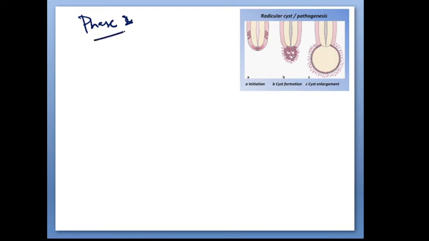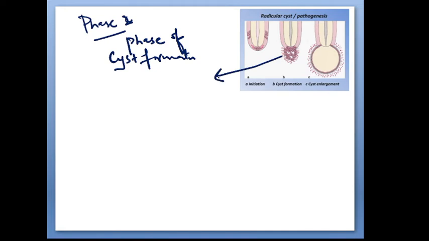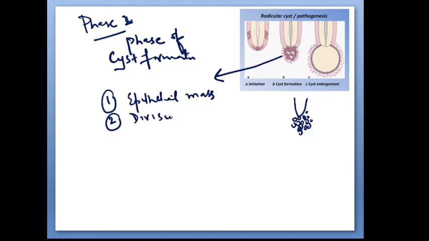Phase number two is called the phase of cyst formation. In this phase, the epithelial mass is continuously increasing in size. This is the formation of an epithelial mass of cells surrounding the apex. Number two, it forms by division of cells.